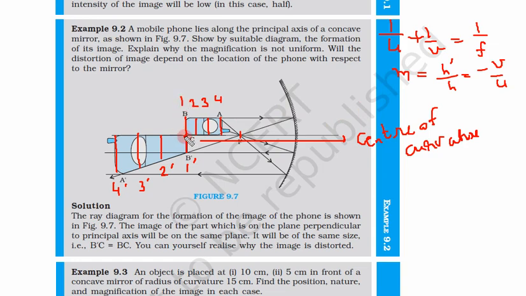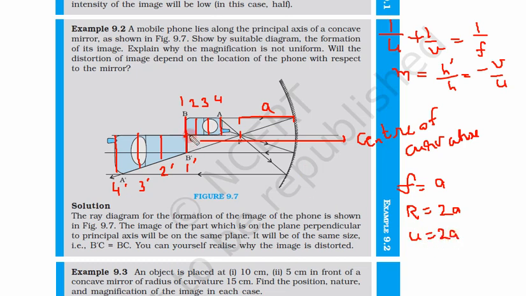So at point 1, this is at the center of curvature. Let us assume that this distance is a, f is equal to a. Then we know in that case R, or the distance between this point and the center of curvature, would be 2a. So if this point is exactly on the center of curvature, u is equal to 2a.